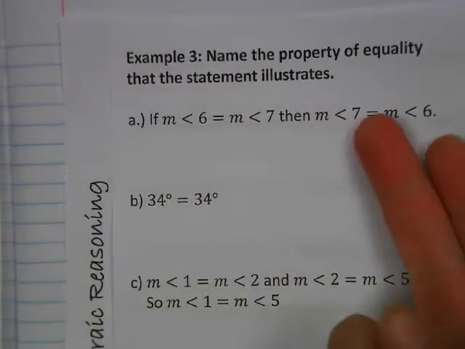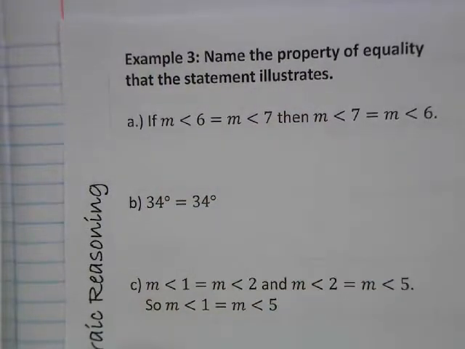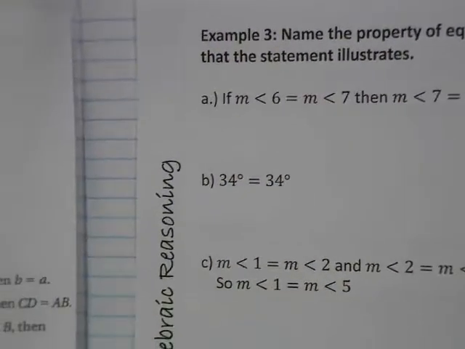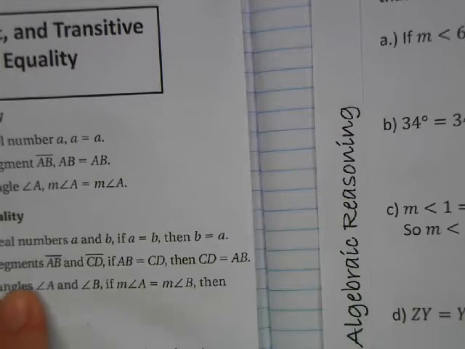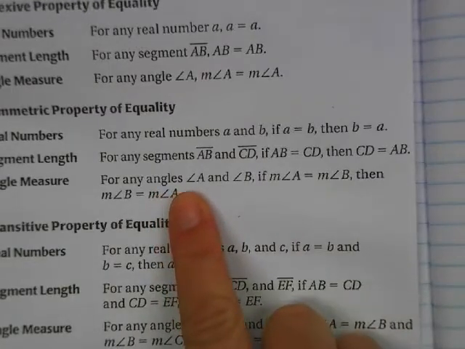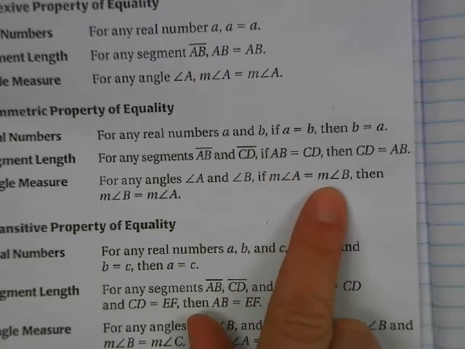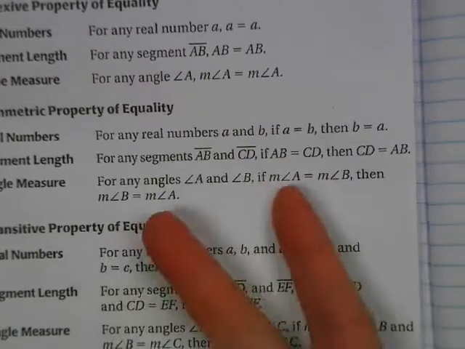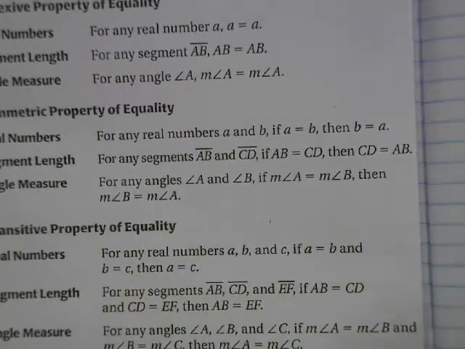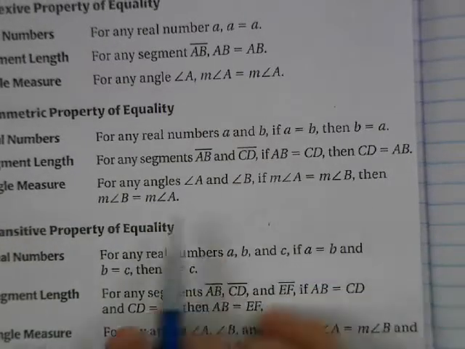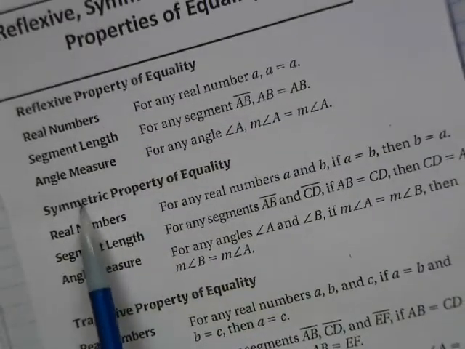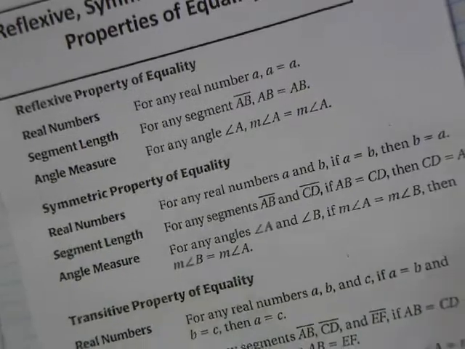So what property shows that you're just allowed to flip the order? And that's right here, symmetric. So if A and B are the same measure, then you can reverse the order and say B and A are the same measure. So that's what you're going to write for example 3 part A, is symmetric property of equality.